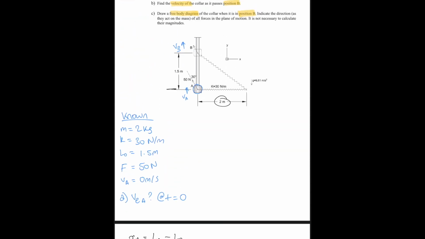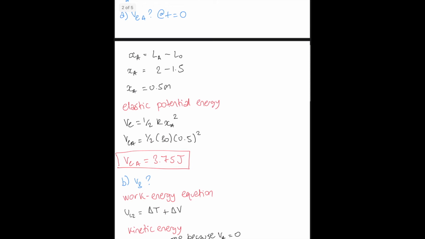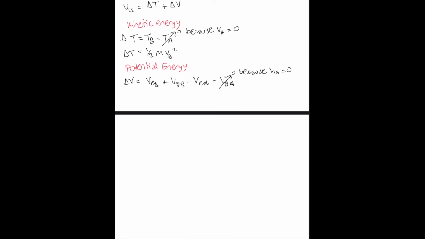Here, we're assuming this is where the y-axis starts, so the height is 0 at A. Therefore, delta V is going to be equal to half k xB squared plus m g hB minus VEA.